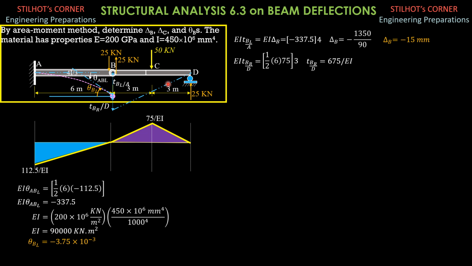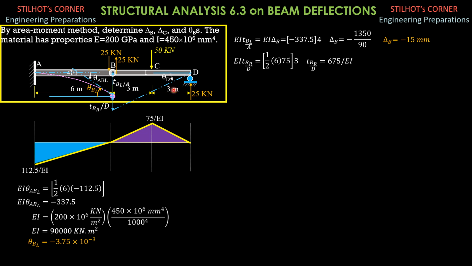From there, we can now compute theta D, and this tangent sloping up to the right is positive. Or the other way, you draw a horizontal line, and from the horizontal line to the tangent, the rotation is counterclockwise. Counterclockwise rotation is positive.